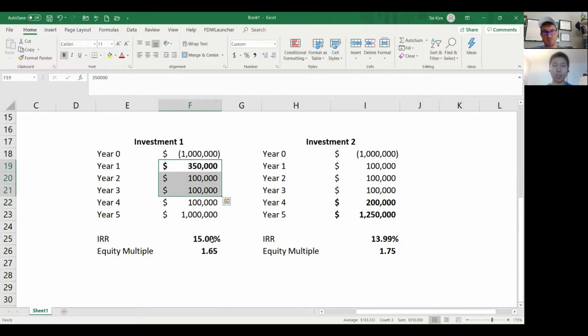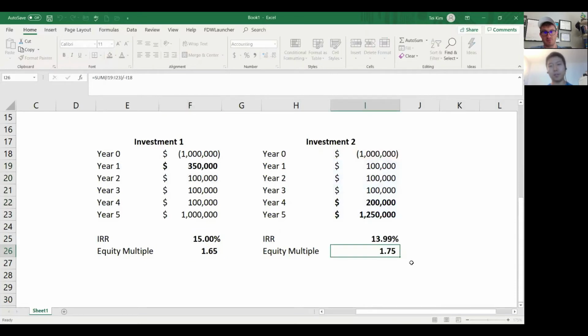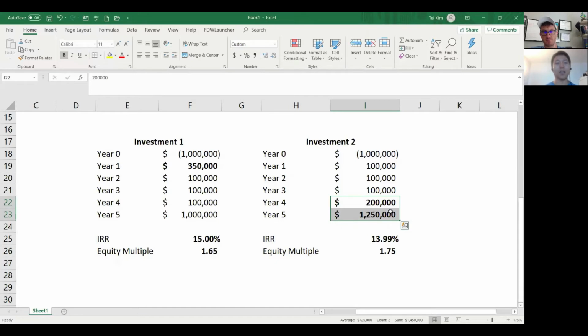But we cannot really go off the IRR to go with investment one, because if you look at equity multiple, investment two is actually higher, because toward the end of the investment holding period we get a bigger paycheck coming in.